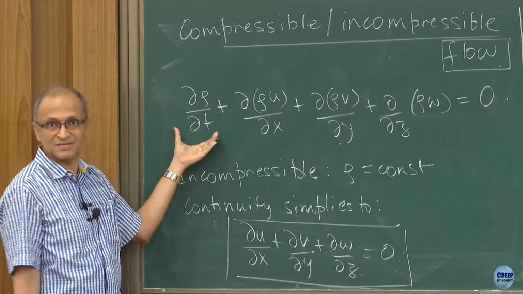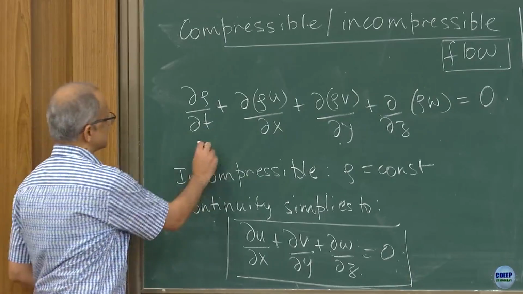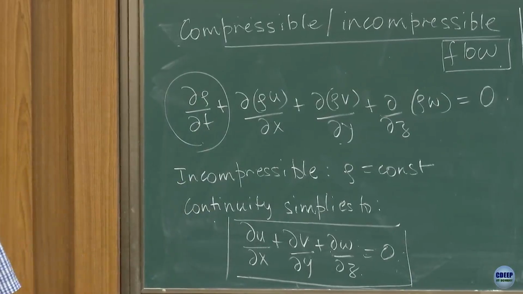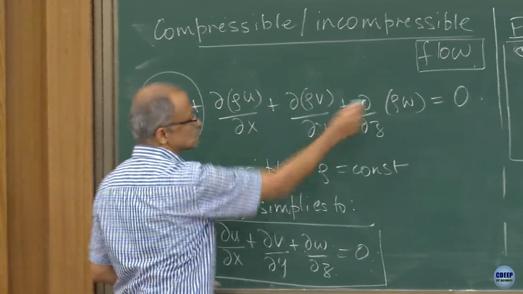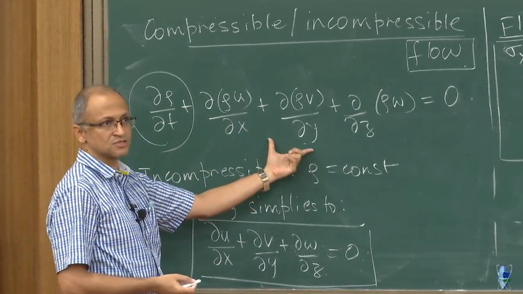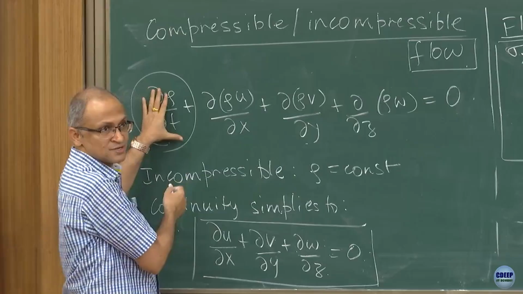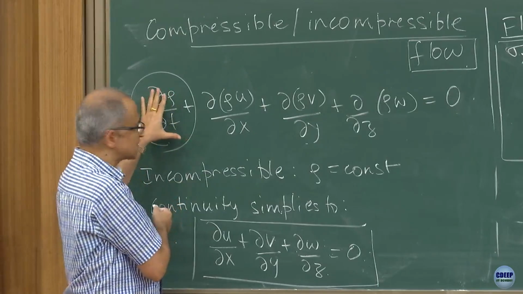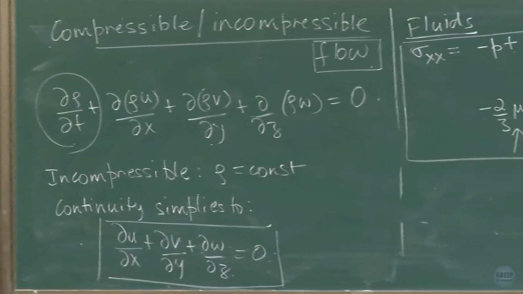But what you can see very clearly is this term. When can you get rid of this term? Because if you cannot get rid of this term, even if you take rho out, rho is not a function of space. You can take rho out of this equation, but you still cannot get this equation here because there is dou rho/dou t sitting here. When can this term be non-zero? Physically, when density is varying very rapidly.